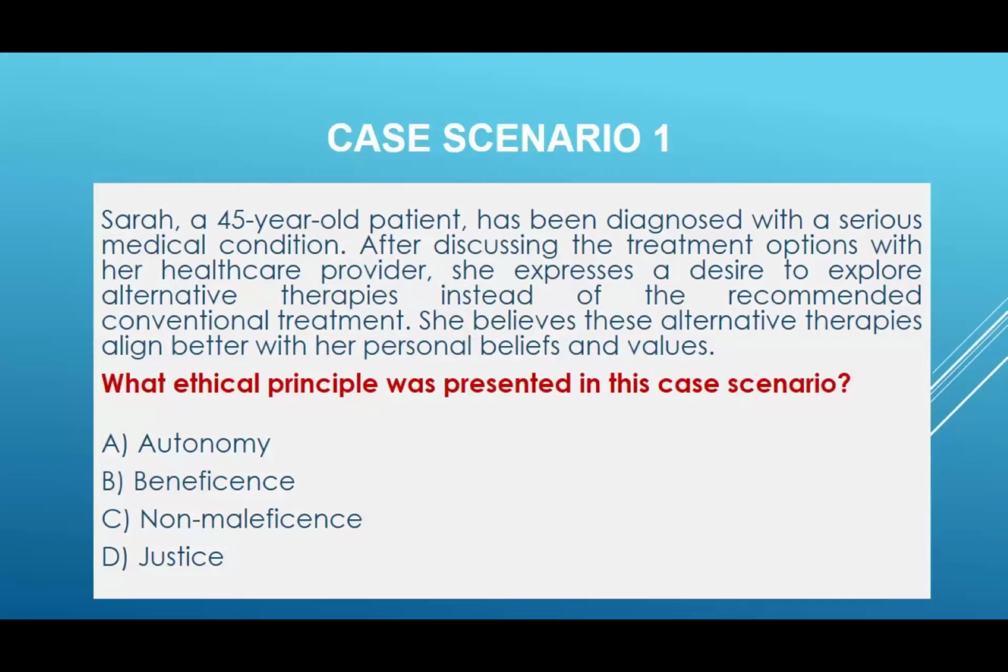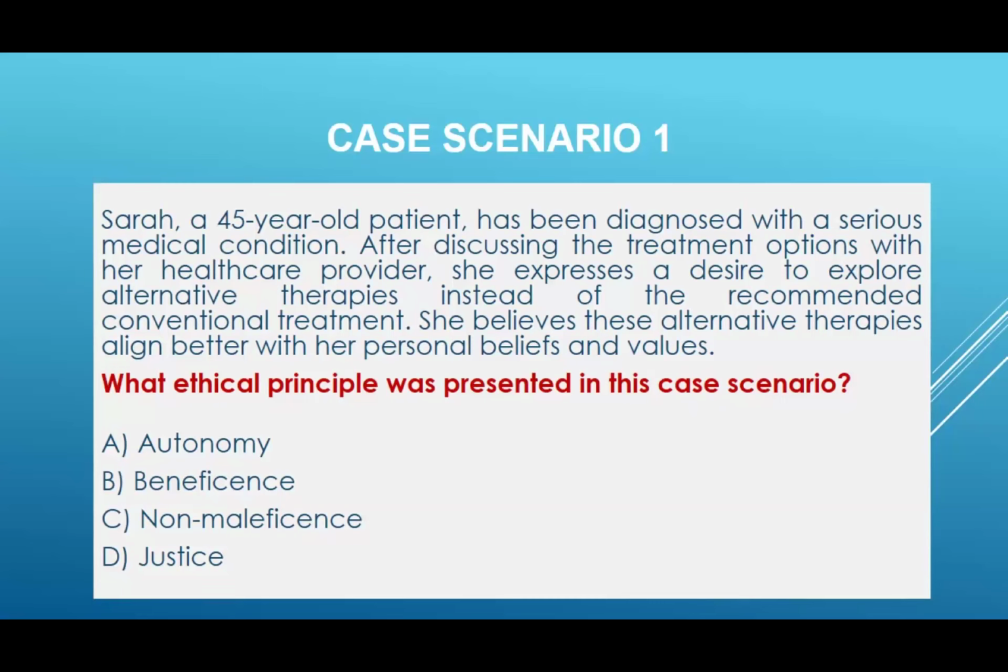Here is the first case scenario. Sarah is a 45-year-old patient. She has been diagnosed with a serious medical condition. After discussing the treatment options with her healthcare provider, she expresses a desire to explore alternative therapies instead of the recommended conventional treatment.